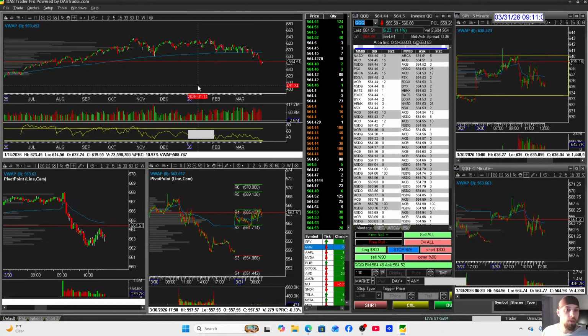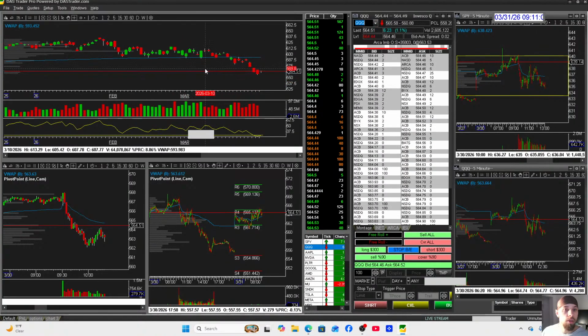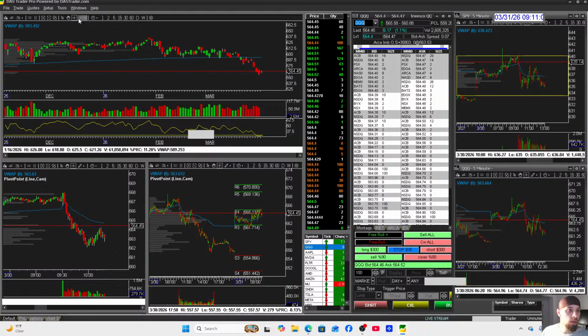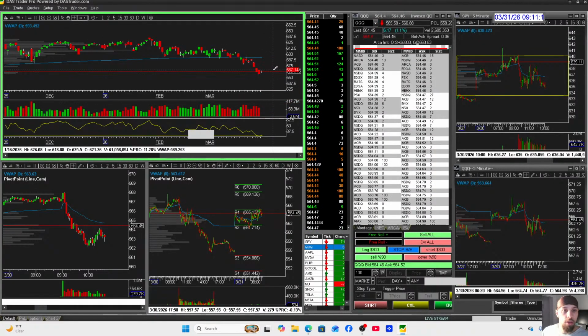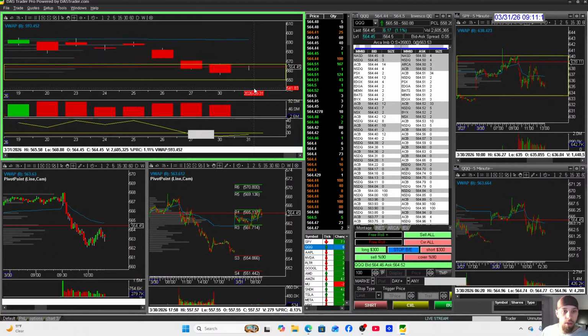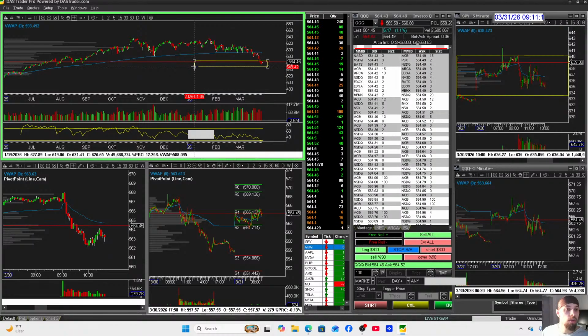Going to the Qs here. Qs been grinding down slowly. Let's get the box going. Just gonna do yesterday's high and stretch that out.